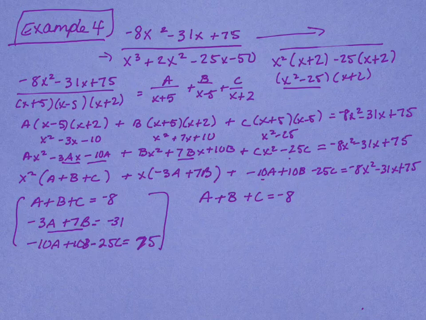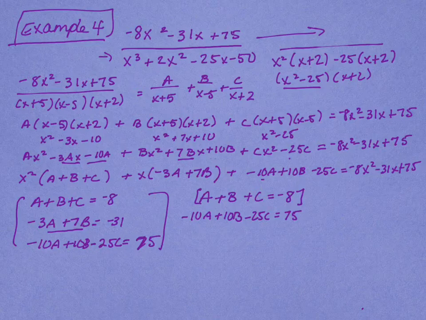And then I have -10A plus 10B minus 25C equals 75. So I'm going to multiply this by 25.